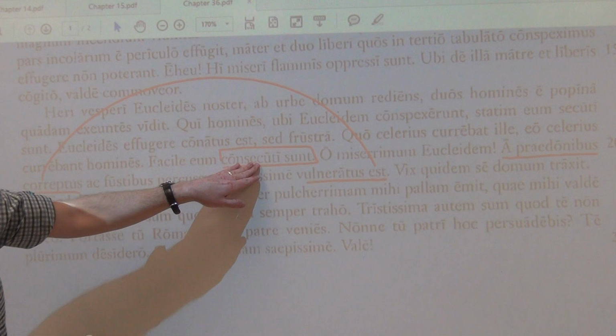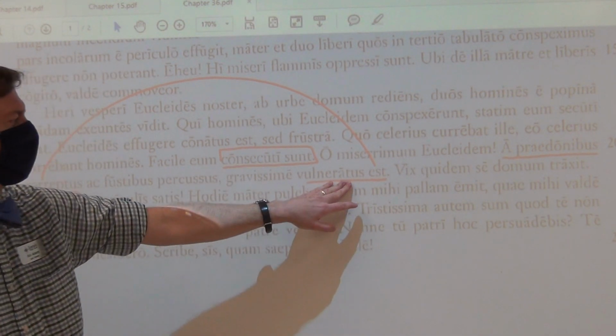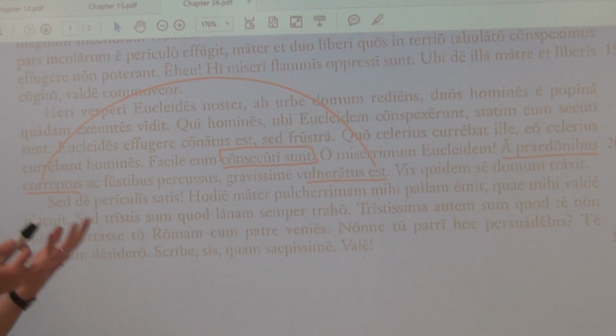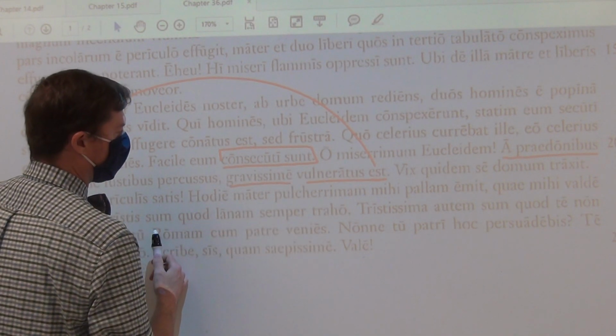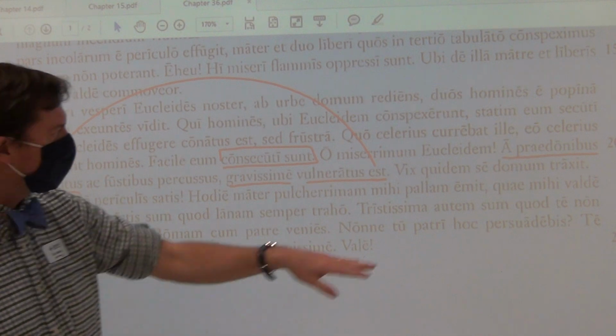Do you see how here a deponent verb looks passive, translates active? Here a non-deponent looks passive, translates passively. Was wounded, has been wounded, very, most, gravely, seriously, heavily.